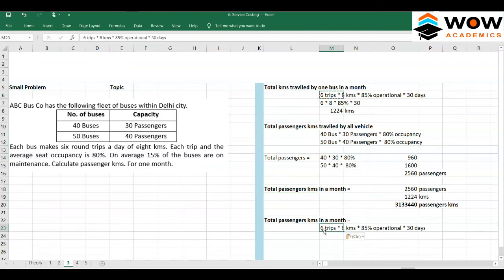So this is one bus, right? This is for one bus we have found out, and this is for the first type of bus. So we'll copy this also.